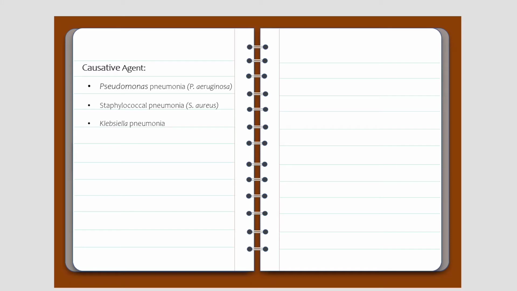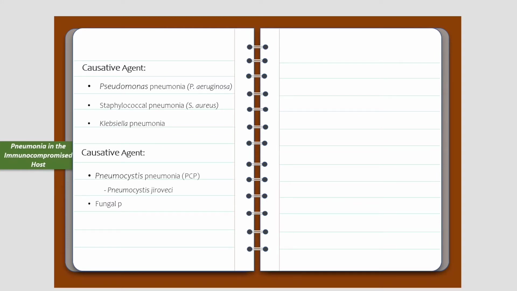Overuse and misuse of antimicrobial agents are major risk factors for the emergence of these resistant pathogens. Another one is Klebsiella pneumonia, including other gram-negative organisms, not to mention E. coli, Proteus, and Serratia. So next is the pneumonia in the immunocompromised host. This includes pneumocystis pneumonia, fungal pneumonias, and Mycobacterium tuberculosis.